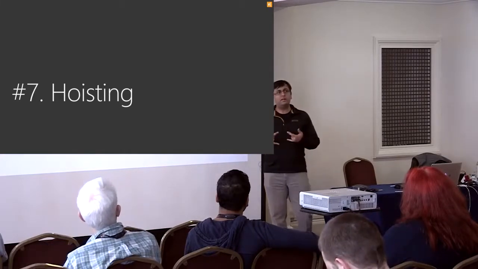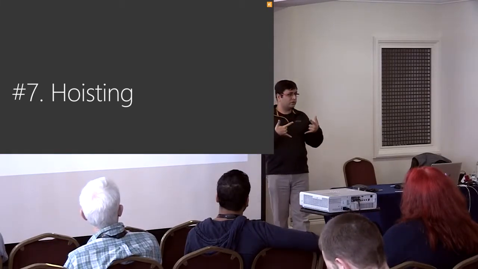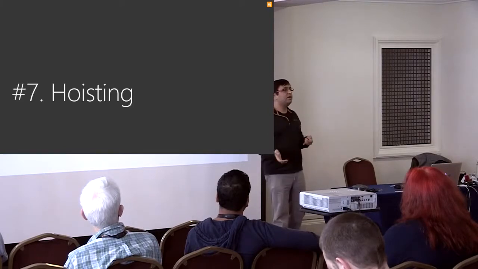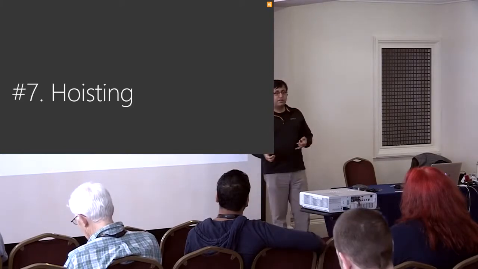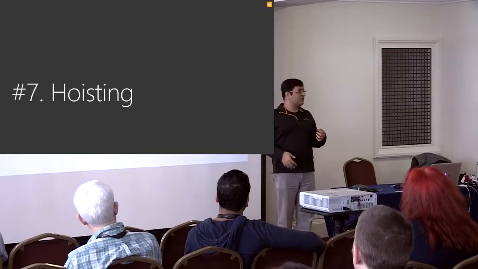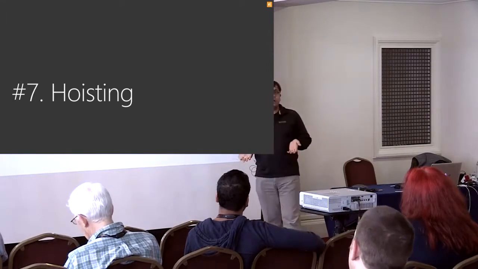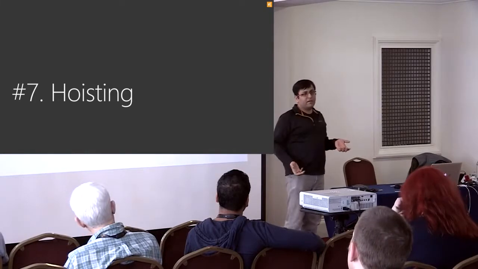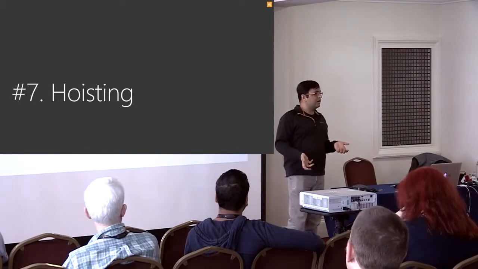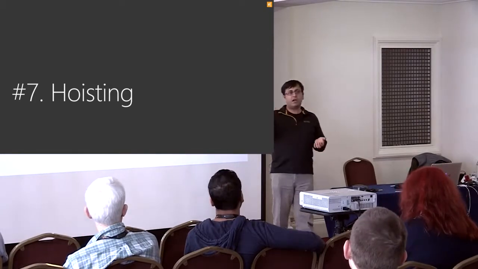Now remember, it only moves the declarations of the functions. It doesn't actually move the value to the top. So if I say var i, and that's where I left it, then I can see the fact that there is a variable called i, but until I give it a value, it's not going to actually see that value. Right? So that makes sense. var i = 1.